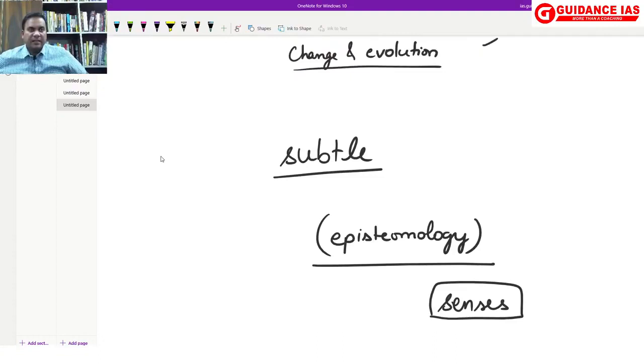Full stop. Thus, they argue for a more subjective way of understanding any phenomenon.